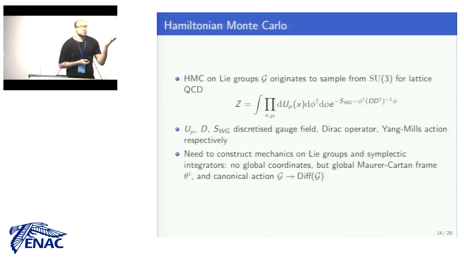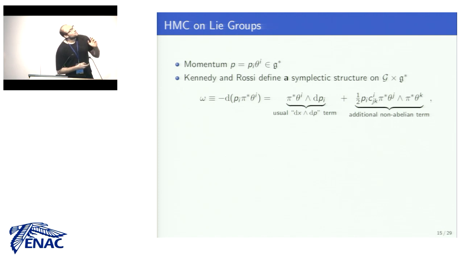But the problem is that you don't have global coordinates in general. The nice thing is that you do have global one-forms. So you have the Maurer-Cartan frame, theta I, and you have a canonical action. We take it to be the right action of the group on itself. So that's a paper from Kennedy and Rossi, where you can define a symplectic structure on the phase space.